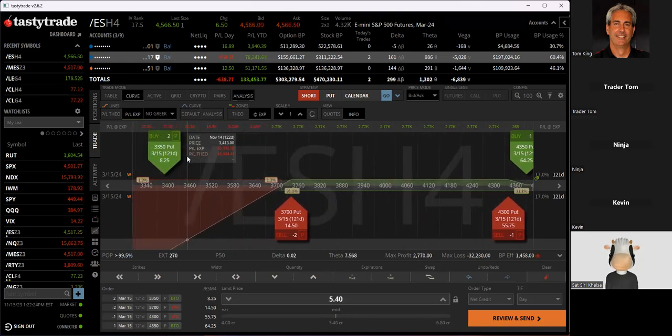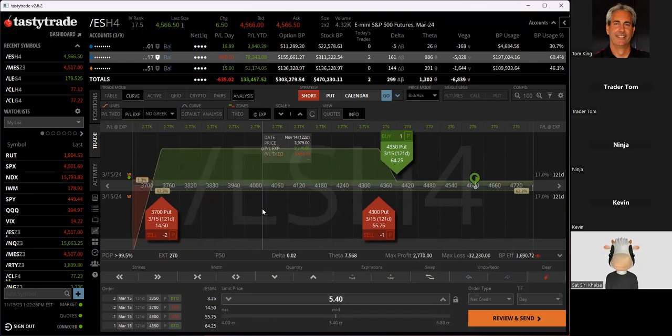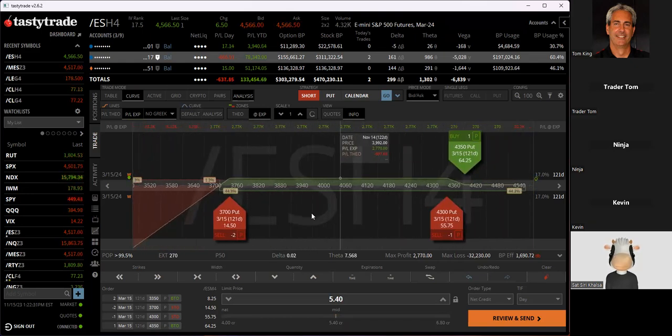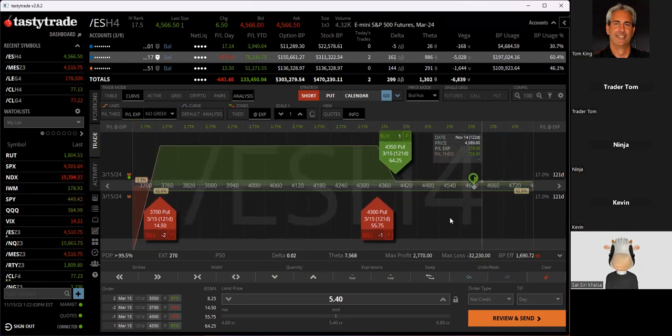I could potentially move this down a little bit more here. So if I move this out just 50 points lower, now I'm 270 in the tail, and I'm spending 1690. So now I'm at 16%. This is a good deal as well. So this one works fine.